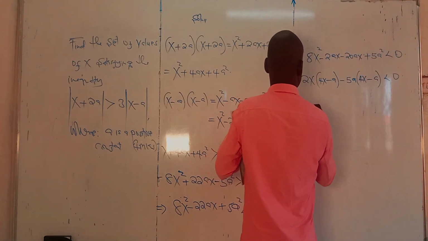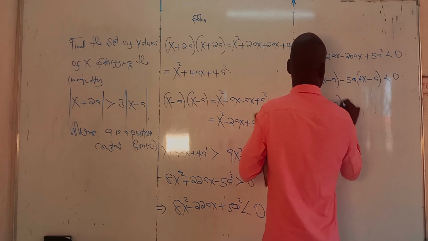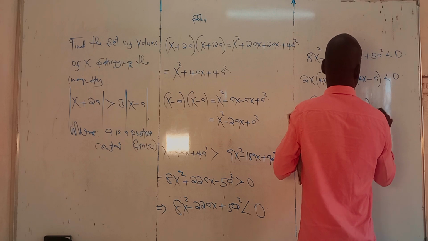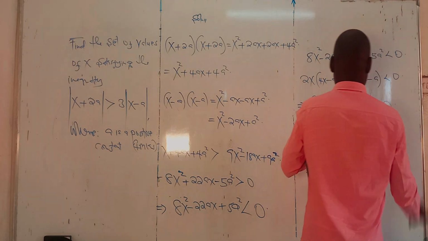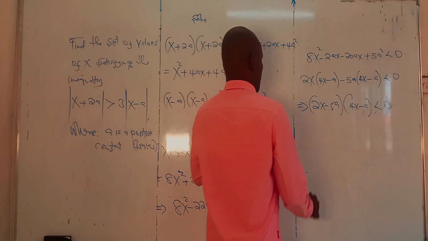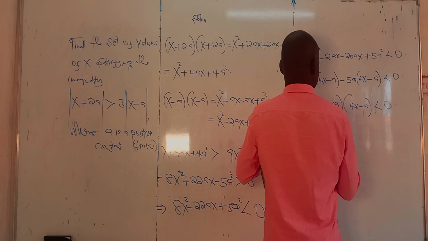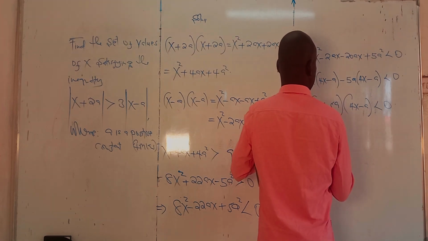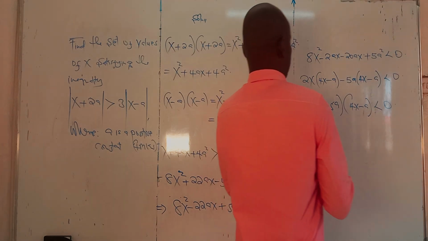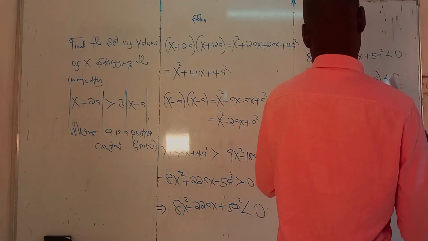This then implies that it's either 2x minus 5a or 4x minus a is less than 0. And that should then imply that we can express x in this form.